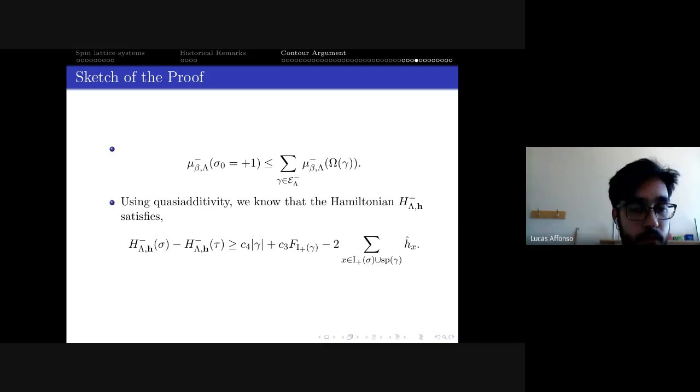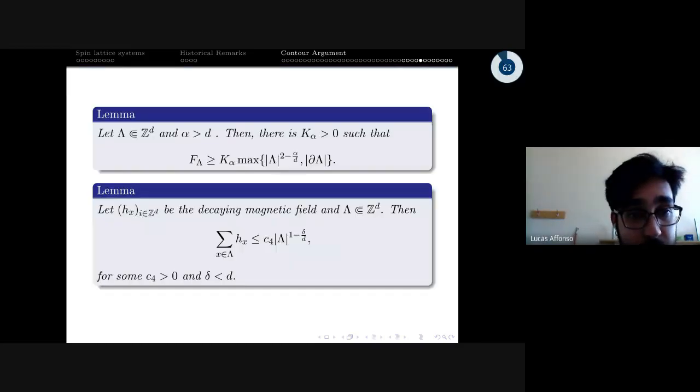Now, when you have the decaying field, by the previous proposition, what appears is the contour contribution, the long range contribution, and now the decaying field contribution, and you should compare them.